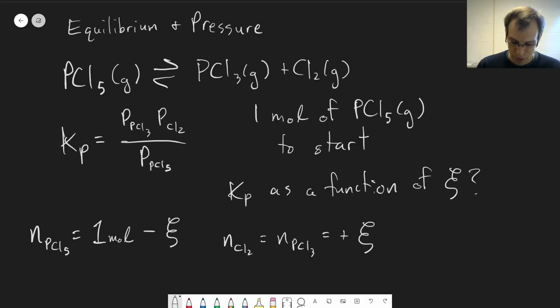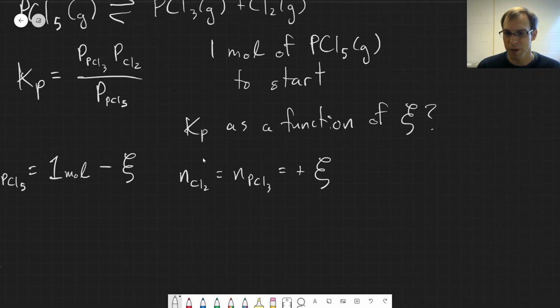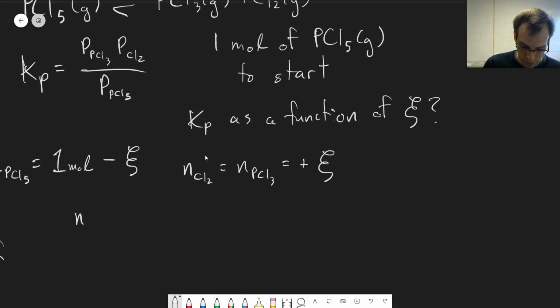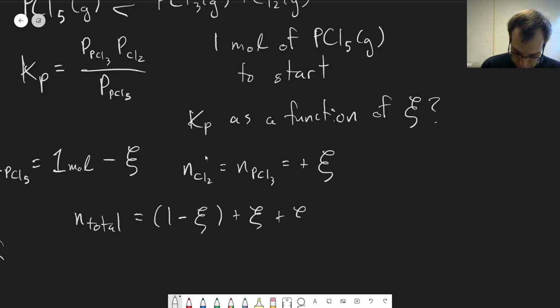Now, what we need to do is remember that we need to keep track of our total number of moles because we're going to be producing additional gas molecules as the PCl5 dissociates. All right, so N total is going to be equal to our 1 minus xi plus xi plus xi, right?